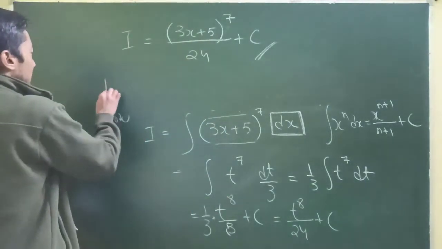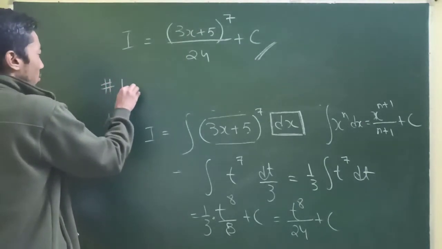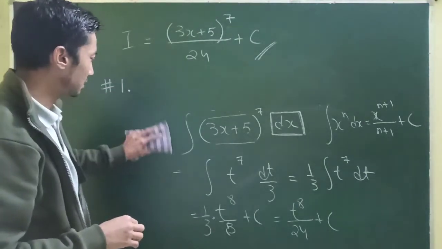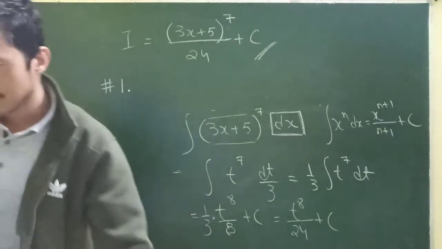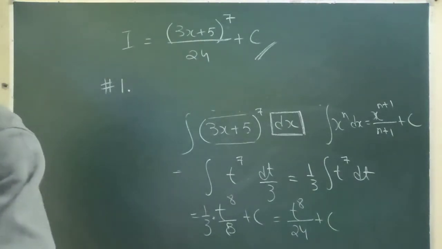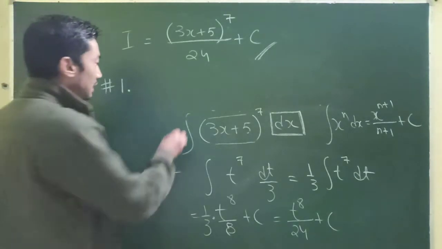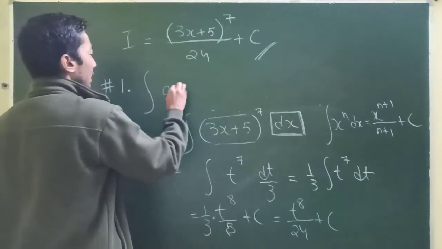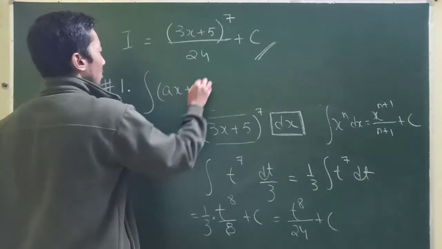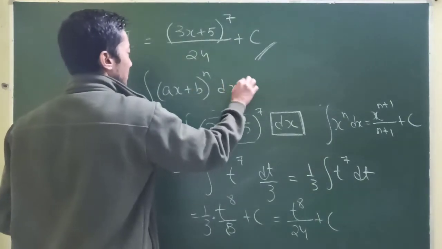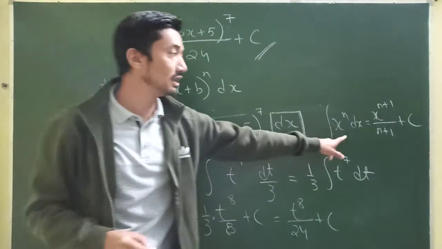This is the first one, number 1. That's the first theorem. I'm going to rub this off. So now you can write down. I hope you've brought your pen and paper. It's integration of ax plus b whole power n with respect to x. So far we had only this formula.